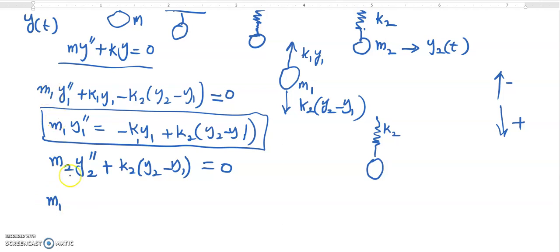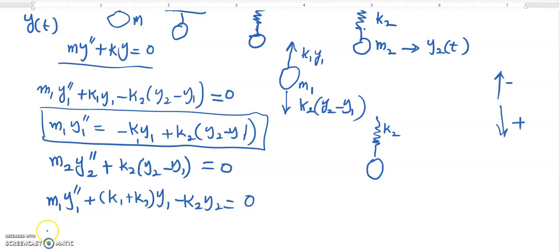The first equation: m1 y1 double prime plus k1 y1 plus k2 y1, so taking y1 as common, (k1 plus k2) y1, and minus k2 y2 is equal to 0.